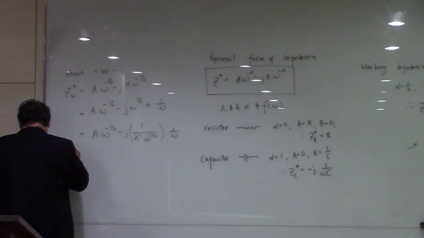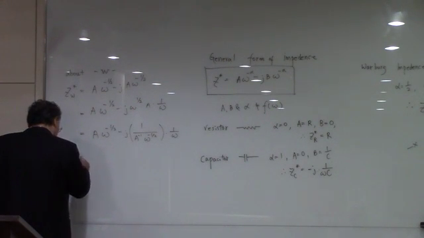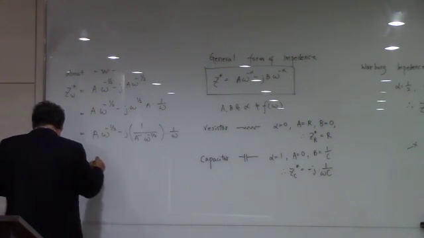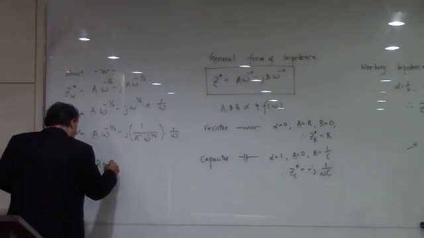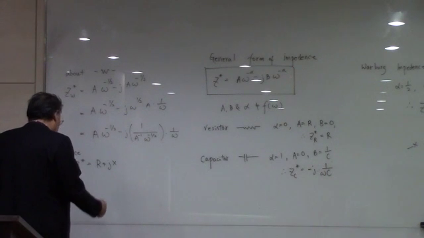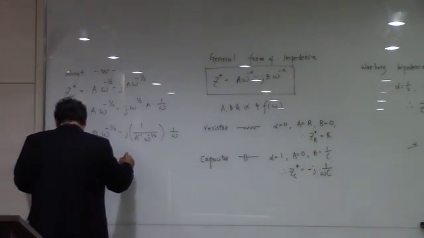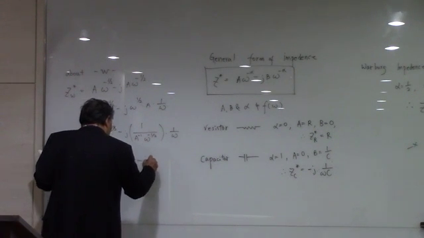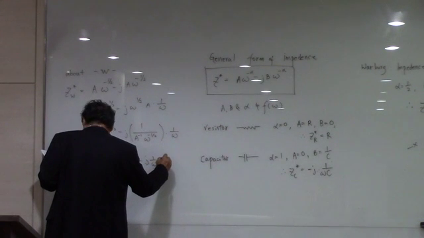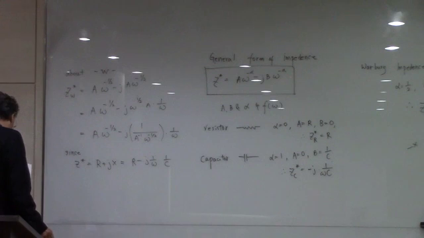Now we know that impedance is going to be in the R-X plane, and that is j 1 over omega and 1 over C. Okay?